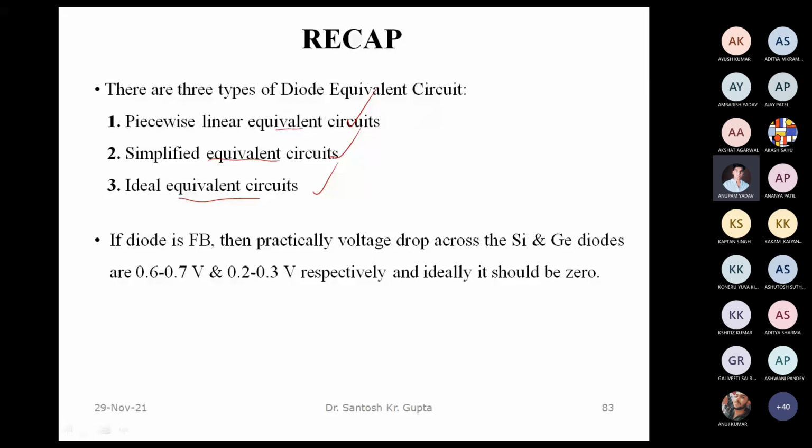The second one is mostly used, whereas for more accurate calculations, one can go for the piecewise linear equivalent circuit, in which one needs to add the resistance also offered by the diode along with the potential barrier and, of course, the ideal diode. So this is what the piecewise linear equivalent circuit is.